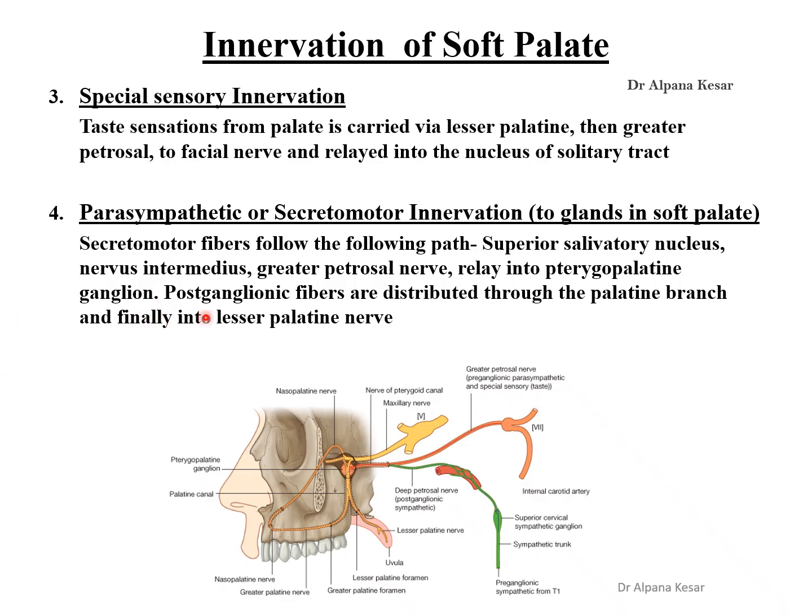The postganglionic fibers arising from the pterygopalatine ganglion are distributed through the palatine branch and finally through the lesser palatine nerve to the glands in the soft palate.